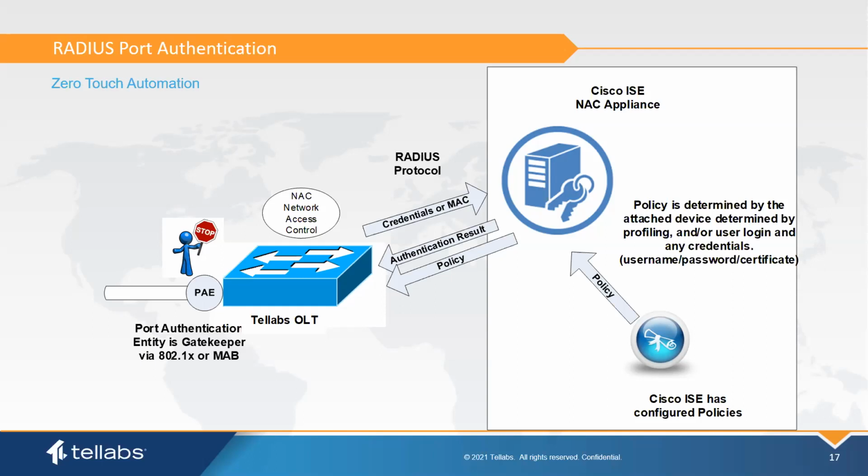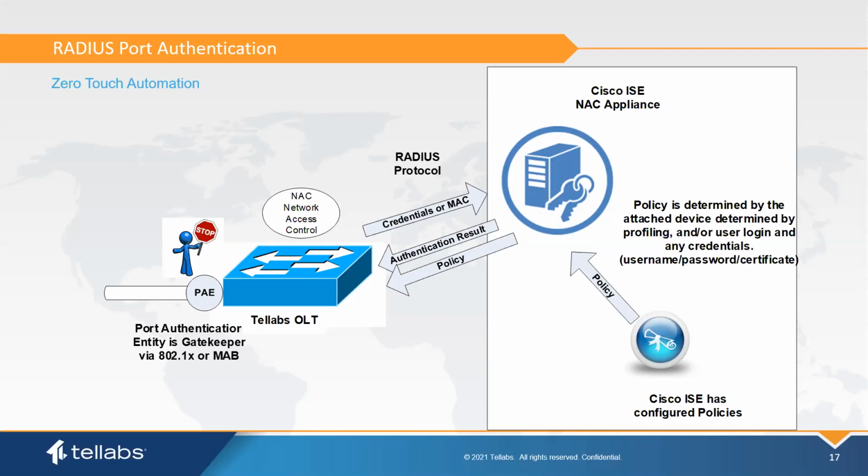The protocol that's used to do this is RADIUS, and in the RADIUS protocol, the OLT will send credentials or MAC addresses towards the NAC appliance, and then the NAC appliance will look at what's been sent and decide on an authentication response. So he'll either grant access or revoke access for that particular device based on the credentials or MAC that was sent.